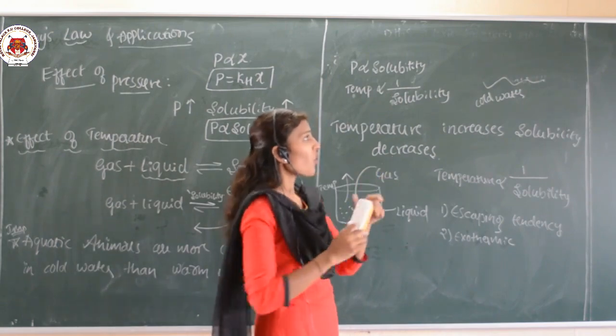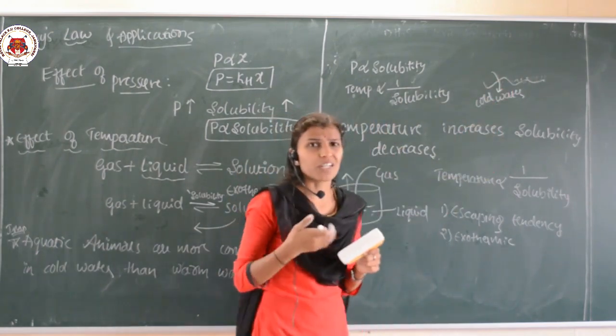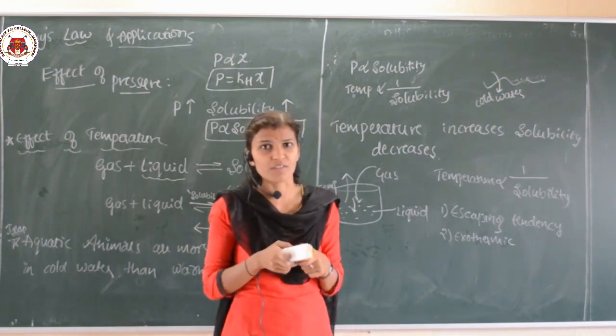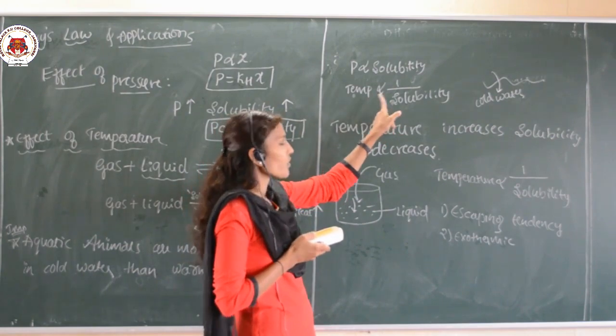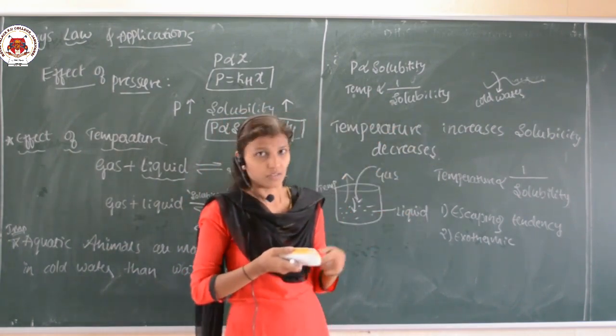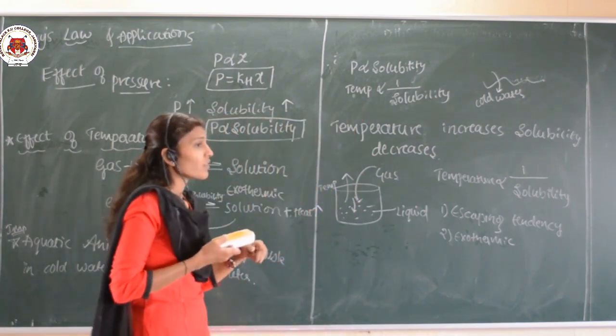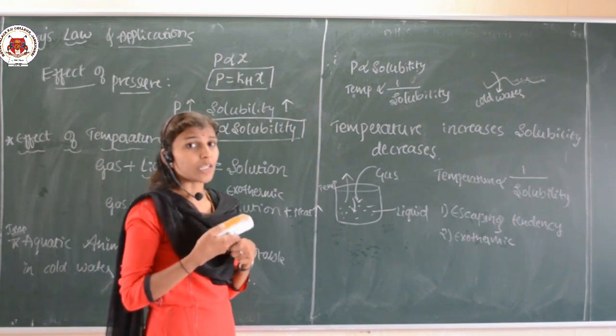More and more oxygen gets dissolved in the water. So that is a benefit for the aquatic animals, as they also need oxygen. In the cold water the temperature is less, so more oxygen gets dissolved, and that is a very comfortable zone for the aquatic animals.